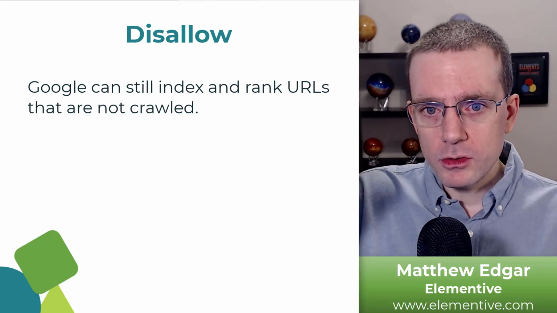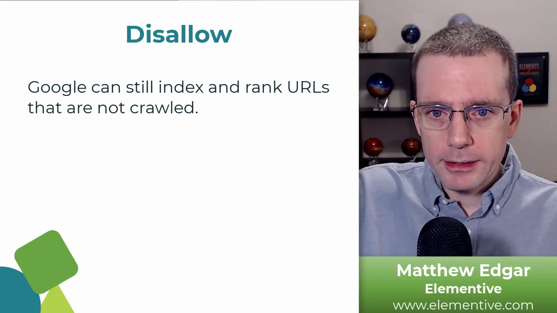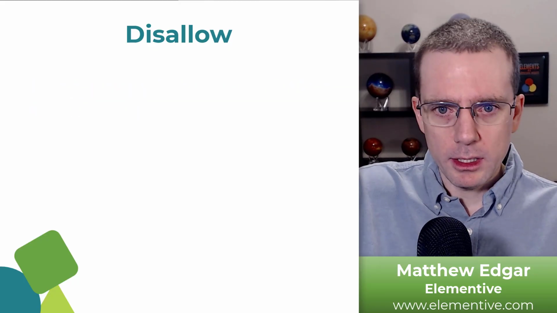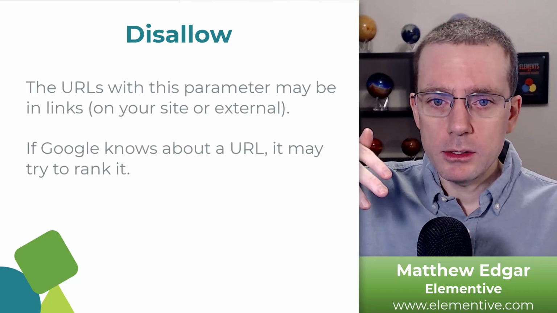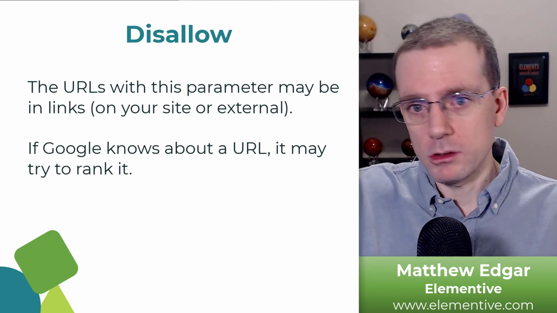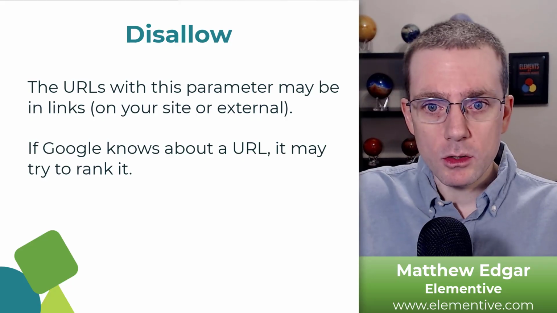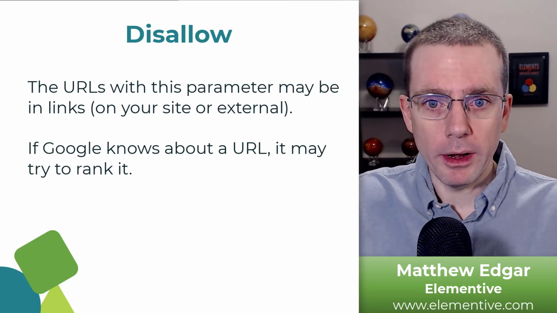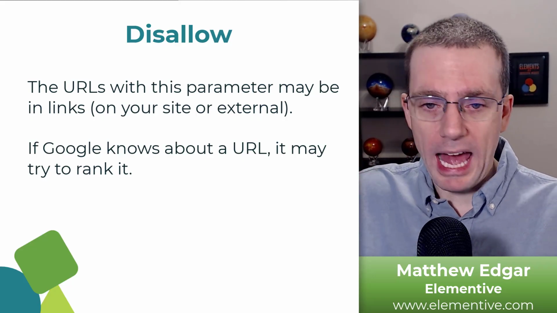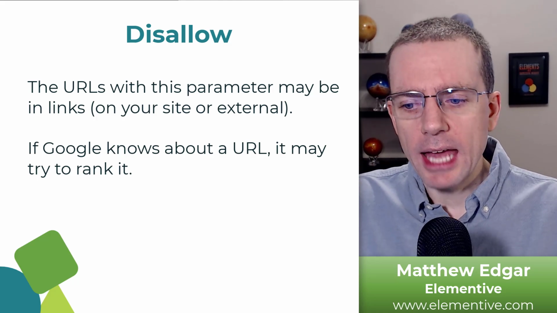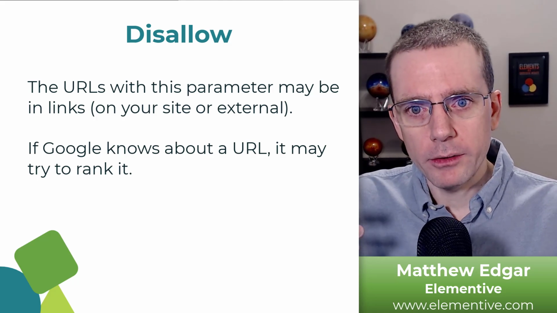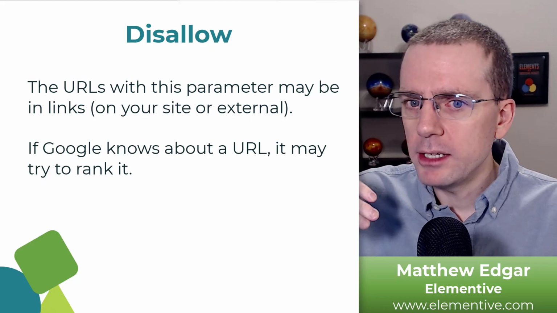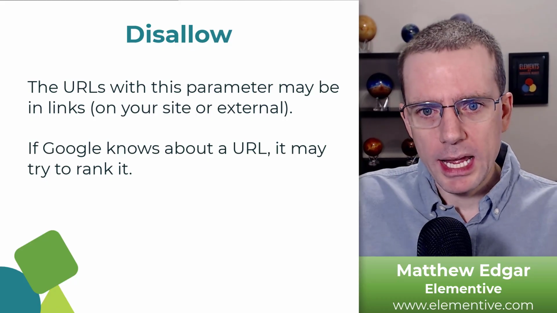So even if you've said in the robots.txt file, disallow anything with this particular parameter, Google may still come across those URLs somewhere else, right? Maybe they're in links on your website, backlinks somewhere else on the web. Maybe Google just has those in their history. And so Google knows about those URLs and so still may try to put those in rankings.